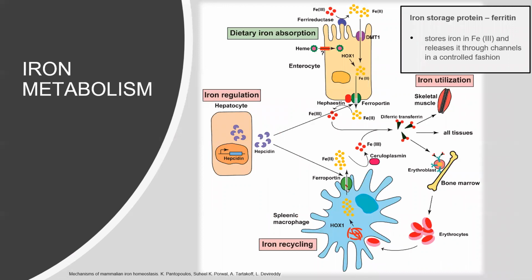Let's talk about absorption. Actually, iron is absorbed from the upper small intestine by divalent metal transporter 1, DMT1, as you can see here. It is located on the apical surface of enterocytes, and the absorbed state of iron is ferrous state, Fe2+.